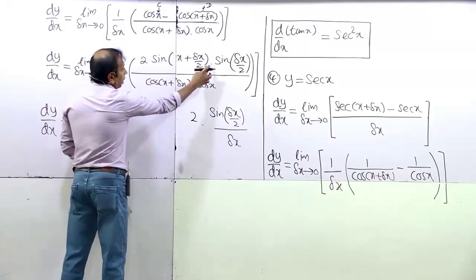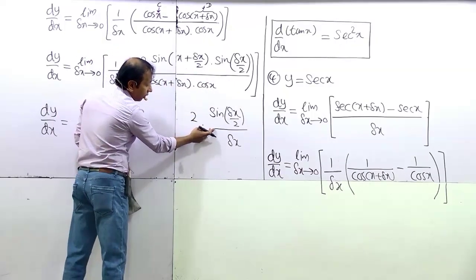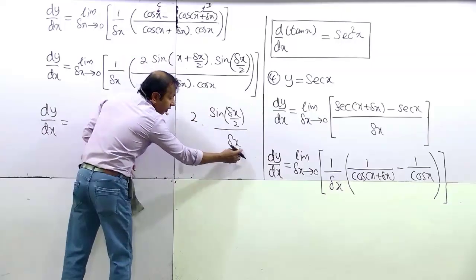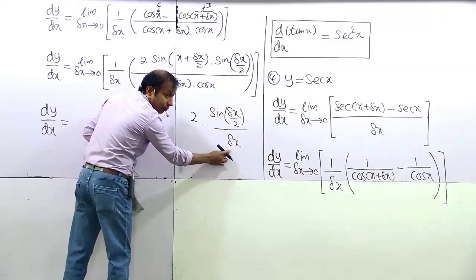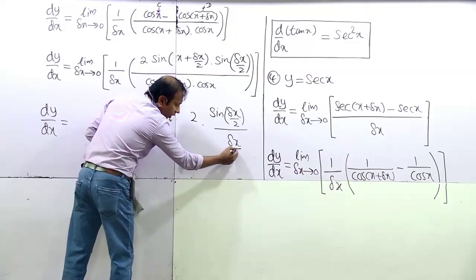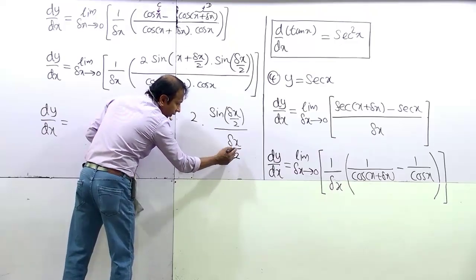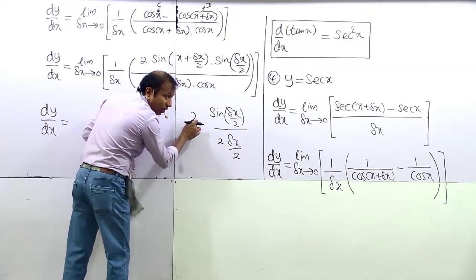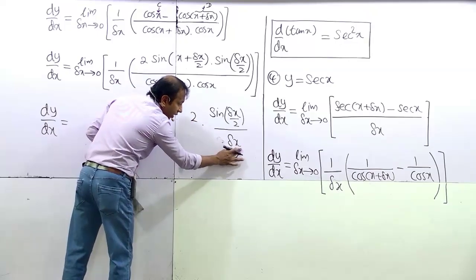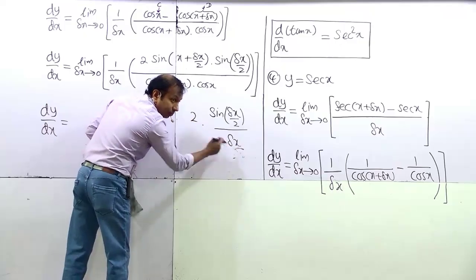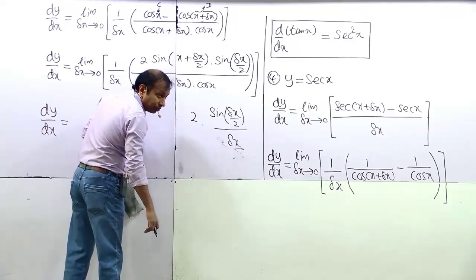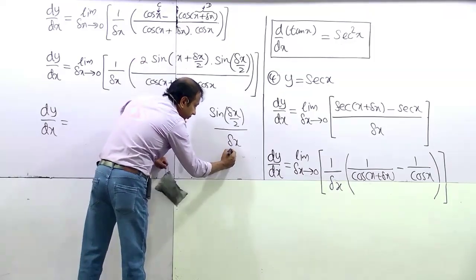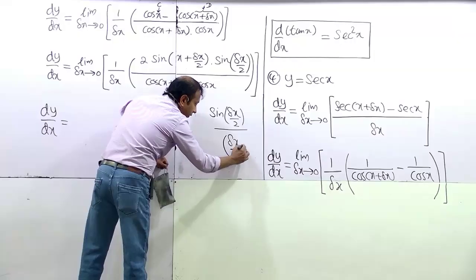Once I bring this 2 here, I can write it above this line. If I divide this by 2 and to cancel down this 2, I write here 2. This 2 and this 2 we can now cancel down. Right, then I write that here. Okay.